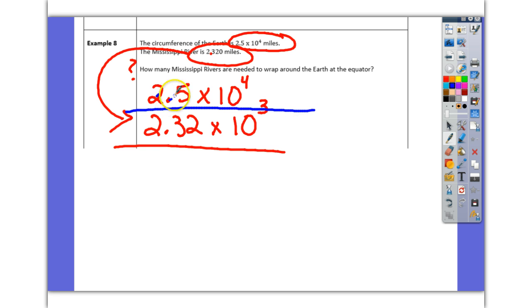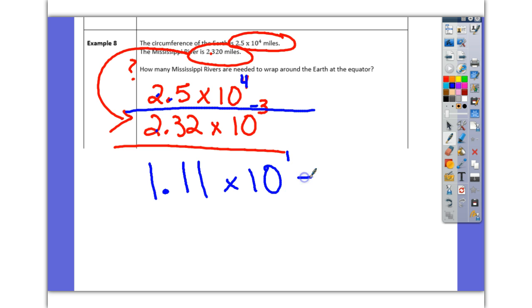When you take 2.5 and divide it by 2.32, you should end up getting about 1.105 or something, so it rounds to 1.1. You round it to the nearest tenth. And then when we divide, we subtract our exponents. 4 minus 3 is 1. So times 10 to the 1st power. That's the answer you would get.